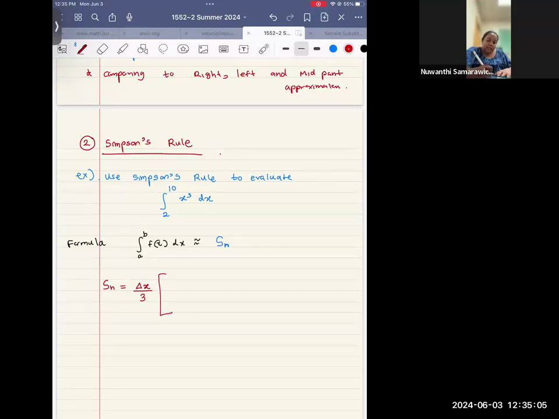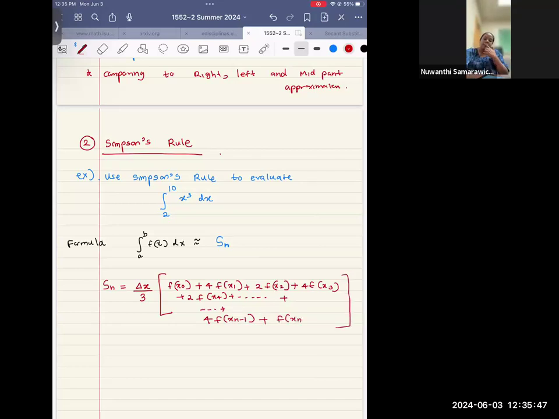Now, let's see what is in the parenthesis. This is f(x0), the first point, plus 4f(x1), plus 2f(x2), again 4f(x3), plus 2f(x4), like this, and we add 4f(x_{n-1}) plus f(x_n).